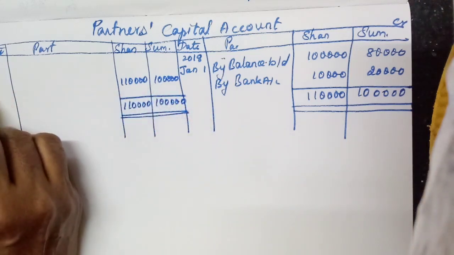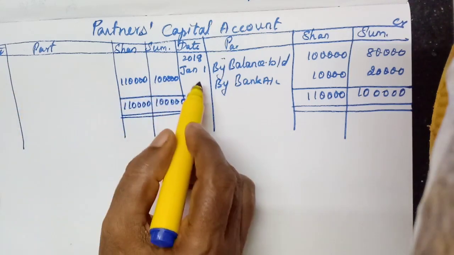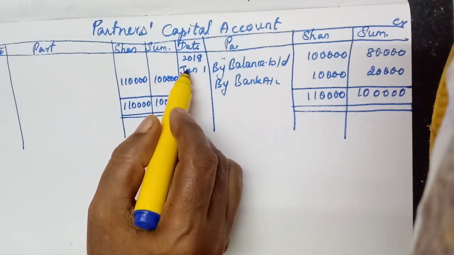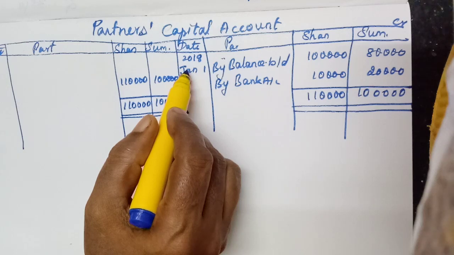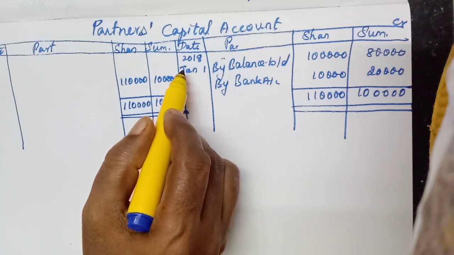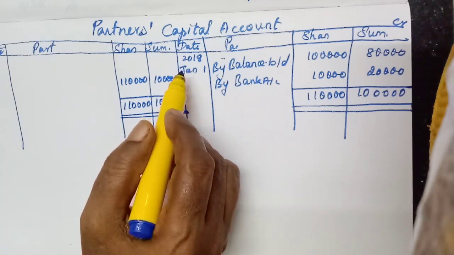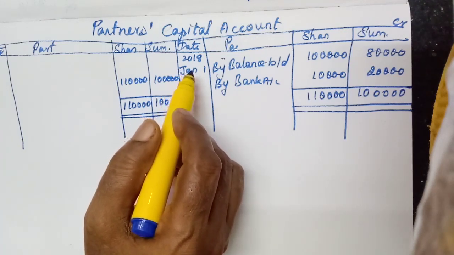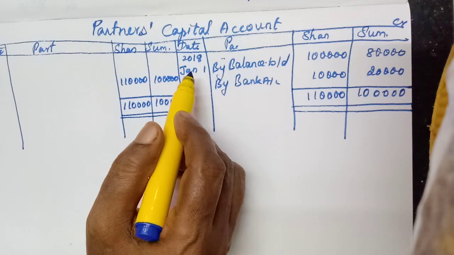Now the date, end of the year. For the year only we are preparing. Opening capital was given on 1st January 2018, so it is one year, because one accounting period means one year.